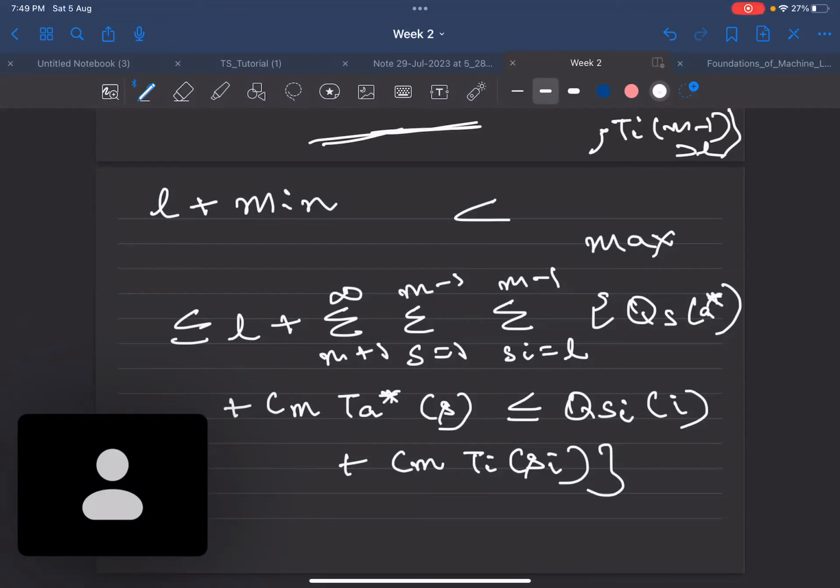Yes, you are correct. At some point the minimum occurs, at some point the maximum occurs, and we sum over all possible indexes of A star and all possible indexes of I. This is basically loosening the bound. I'm considering all the things rather than the minimum and maximum, and loosening this bound. Got it? Rather than doing the min and max, I'm summing it all. Obviously the max and min will be included in this sum, am I correct? Yes, ma'am.